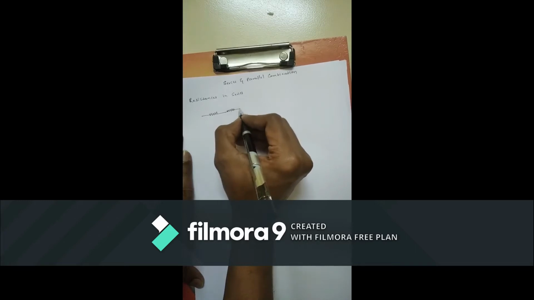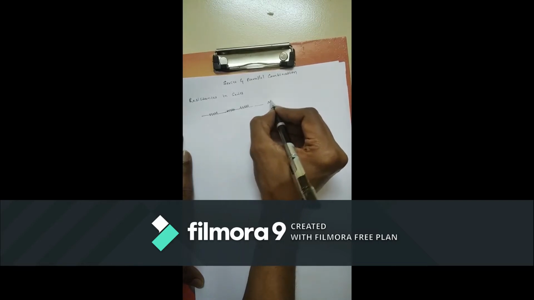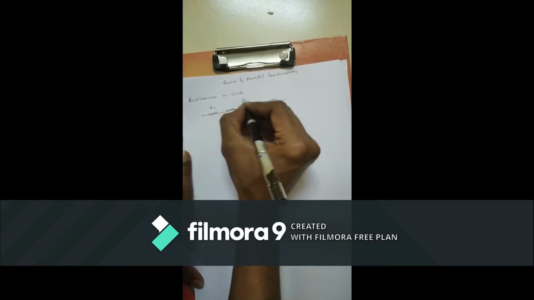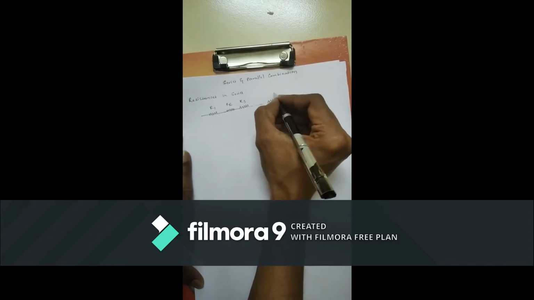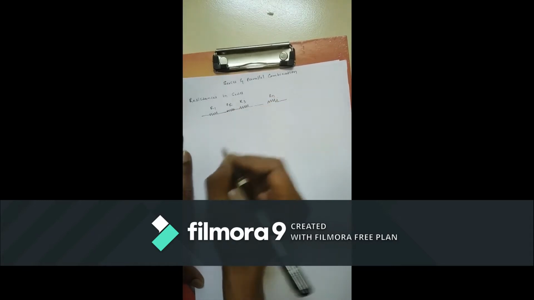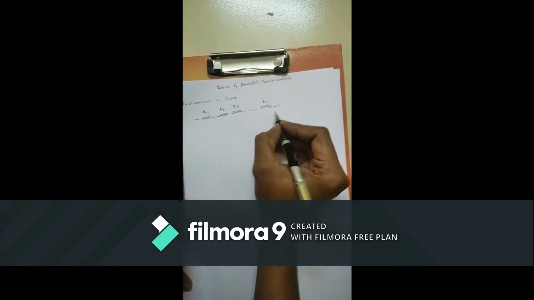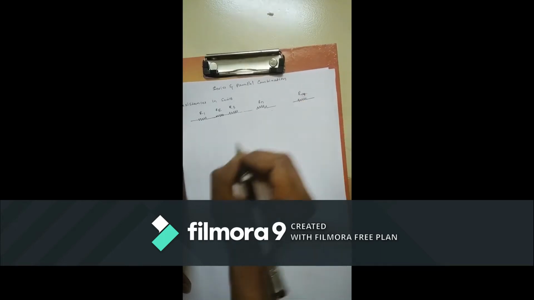Similarly, the tail of the second is connected to the head of the third, and this continues up to n resistances. Assume there are n resistances, R1, R2, R3 up to Rn.